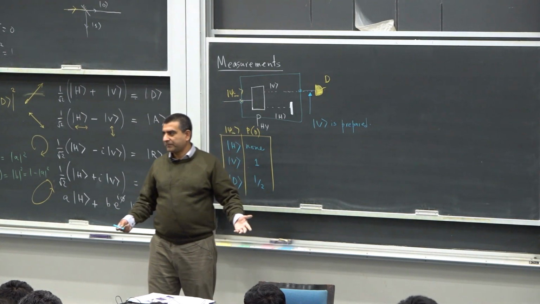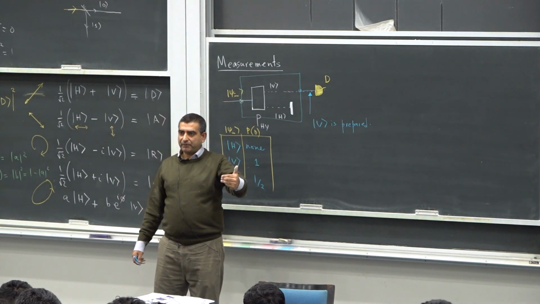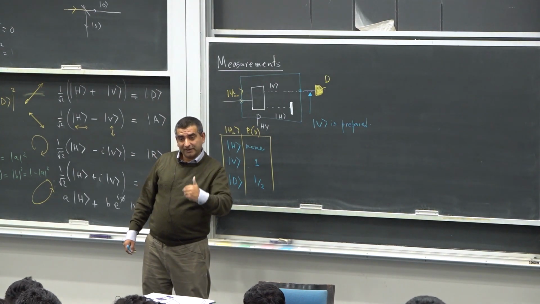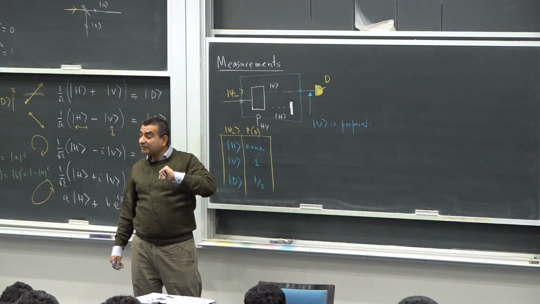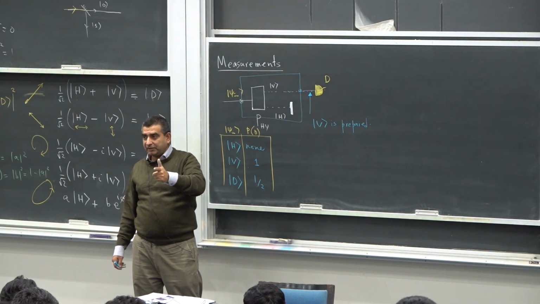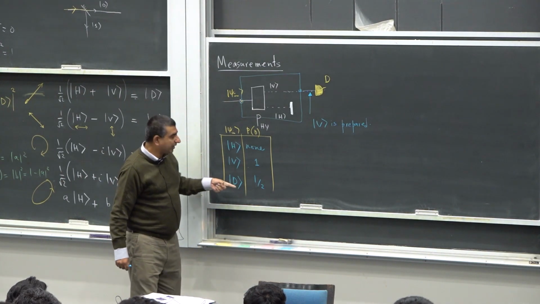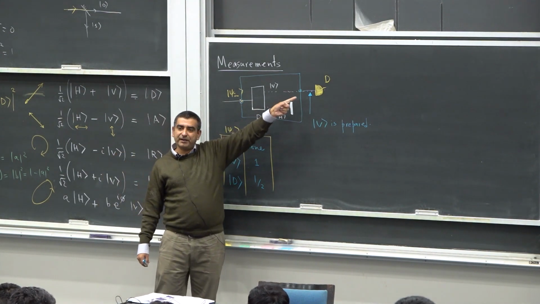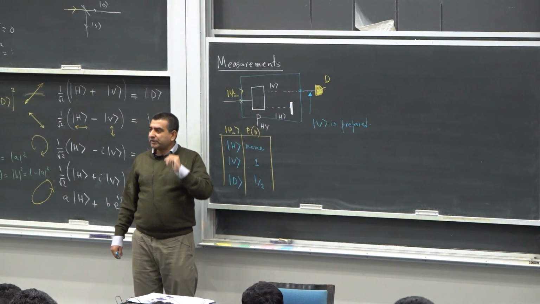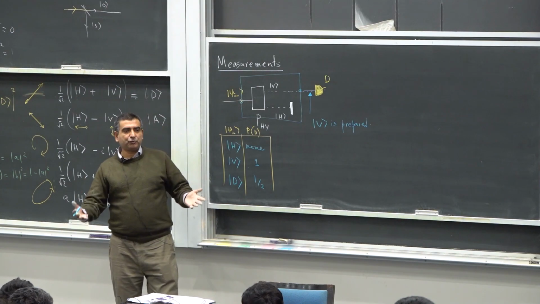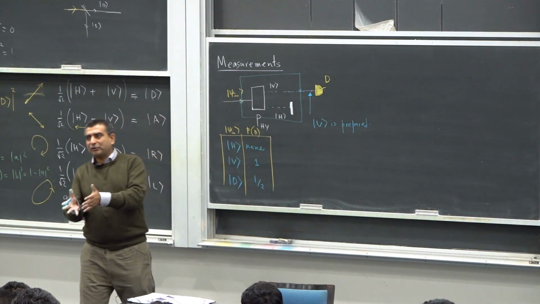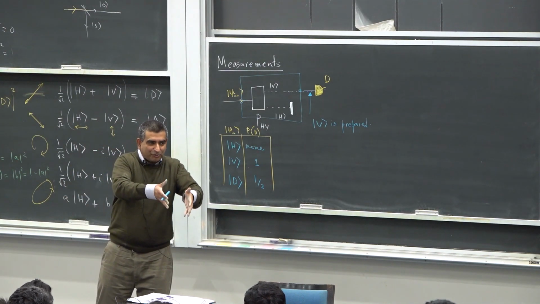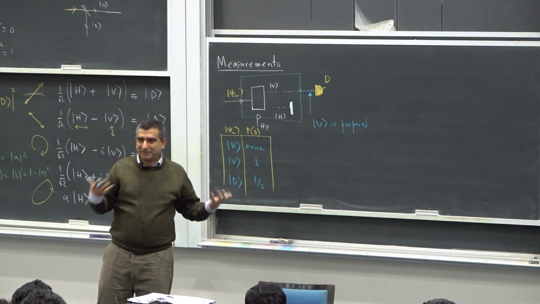But if a photon were to come out, which has a probability of 1/2, then that photon is known to be in a new quantum state, which is ket V. So now you're inputting ket D, and now you have prepared ket V. So the act of measurement is preparing a new quantum state. You are inputting one quantum state and you're getting at the output some other quantum state.